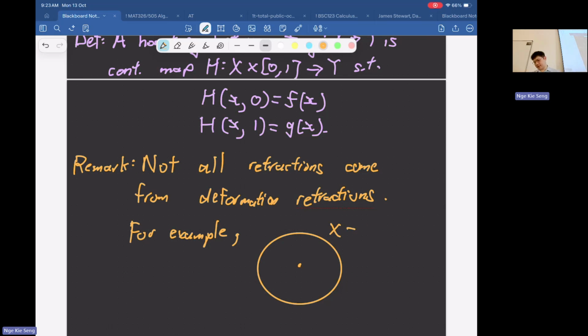I just consider it as S1 union some other point. This is zero. You can try to show that the retraction of this X to this point does not come from a deformation.